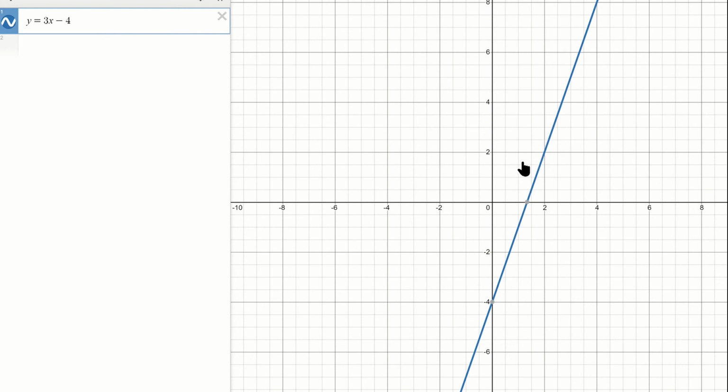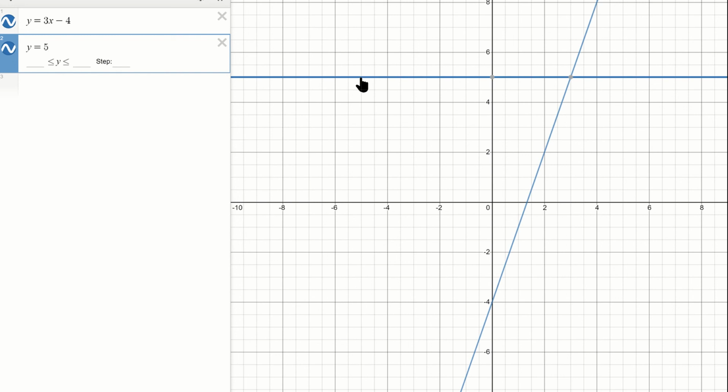In fact, the only linear functions that are not one-to-one are of this variety. Let's look at, for example, y equals, say, 5. Notice this is a linear function because it's of the form f of x equals 0x plus 5, so it can be put in the linear form referred to as slope-intercept form.